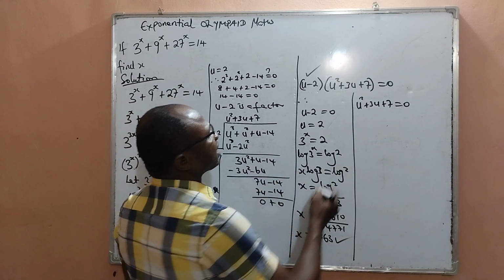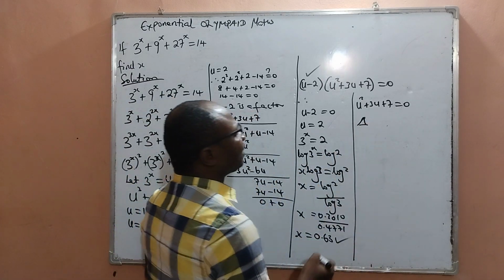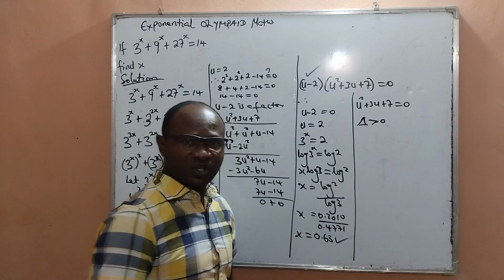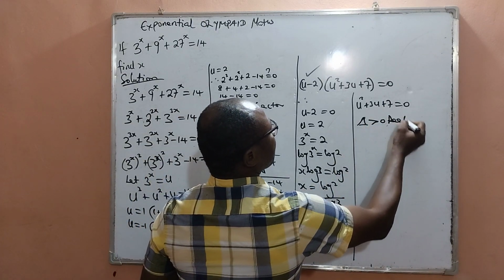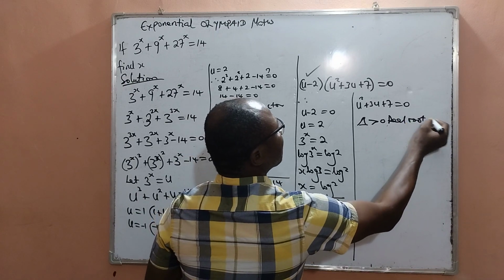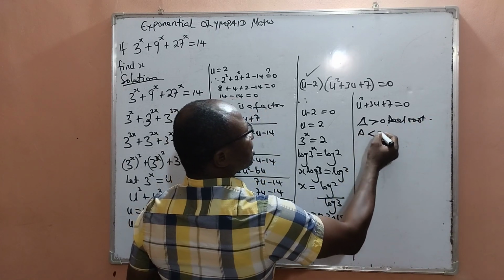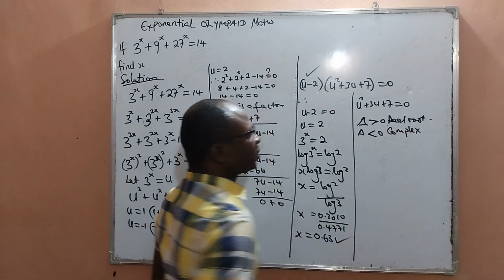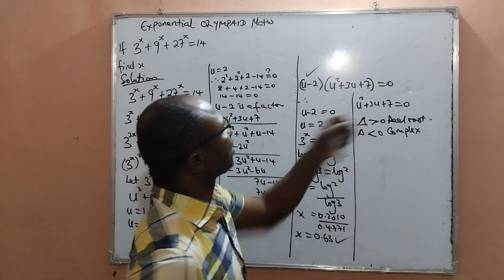And how do we do that? We have to find the value of delta. If the value of delta is greater than 0, then it will give us a real root. And if the value of delta is less than 0, that is going to give us a complex root.